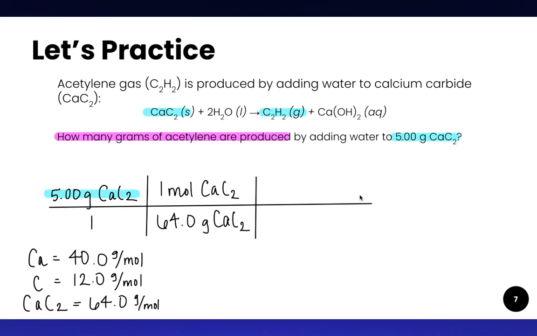Okay, so now we can use the molar ratio between acetylene gas and calcium carbide, which is a 1-to-1 ratio. So for every 1 mole of calcium carbide, we have 1 mole of acetylene produced.